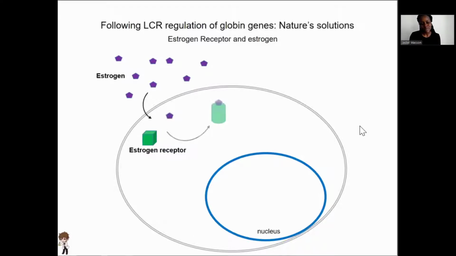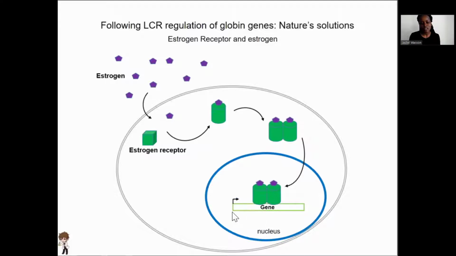Once estrogen comes in, it associates with the estrogen receptor to form a complex, which then dimerizes. Upon dimerization, it can translocate into the nucleus and then turn on the transcription of target genes. What makes this system so interesting is that it allows you to control the movement of a transcription factor, which in this case is the ER, into the nucleus.